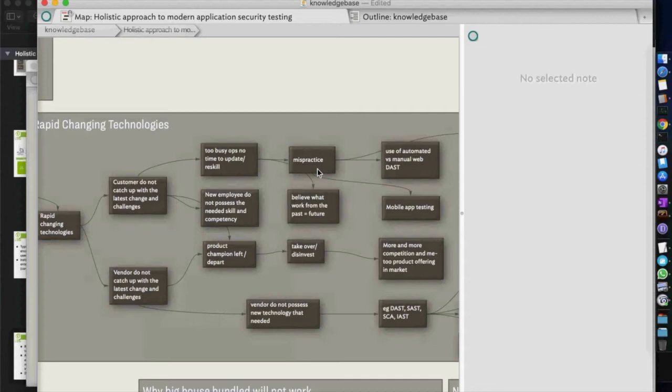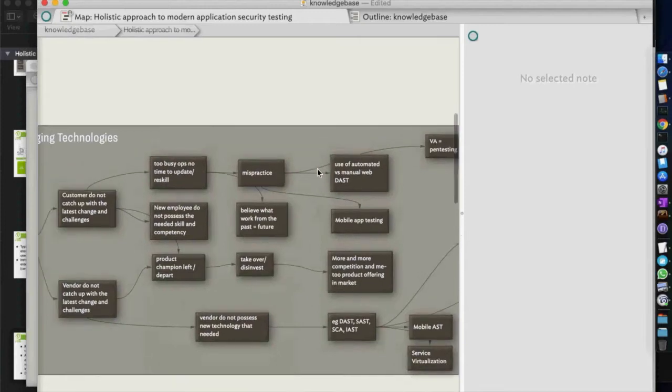When we come across a customer, sometimes they will assume that, let's say, the automated web scanner will cover every web application problem, because they believe the automation will detect all the problem areas without really needing to sharpen the skill to perform manual testing.